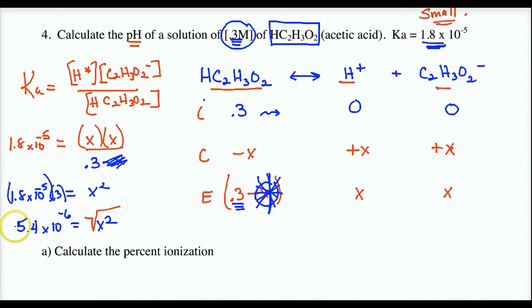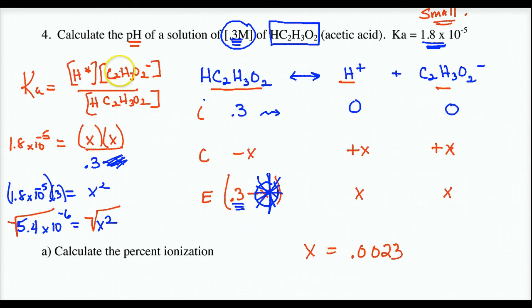Take the square root of both sides. So x equals the square root of 5.4 times 10 to the negative 6, and I get 0.0023. Compared to 0.3, 0.0023 is insignificant. As you can see, it's kind of approaching it, but we can still get a good answer.